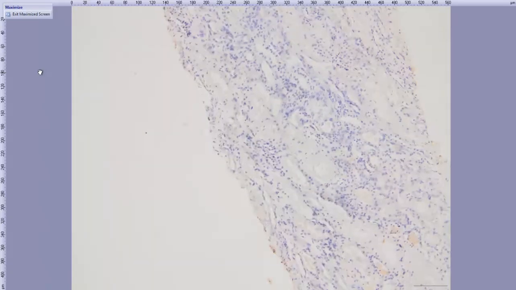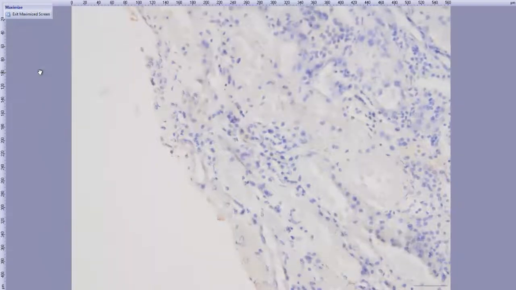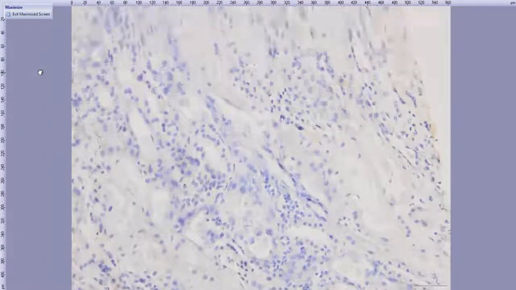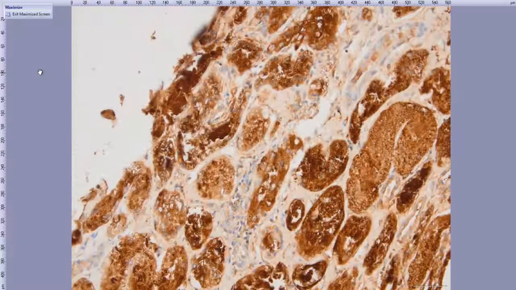We performed immunohistochemistry as well, which also highlights that these cells and the light chain crystals within the tubular epithelial cells and the luminal casts stain negatively for lambda. This is the lambda stain. You can see they're negative with lambda. And the proximal epithelial cells stain intensely with the kappa stain.